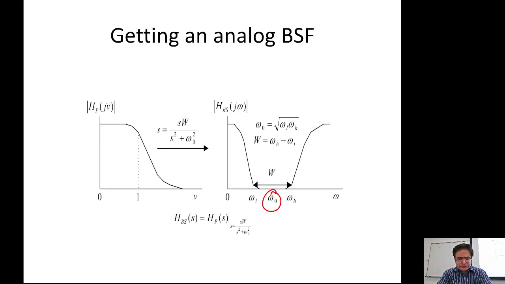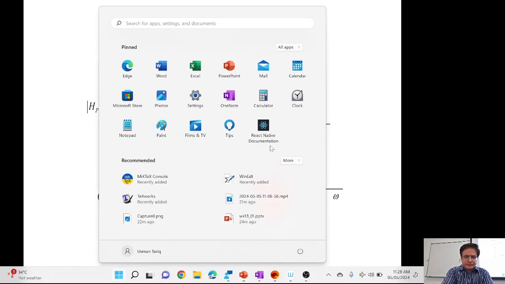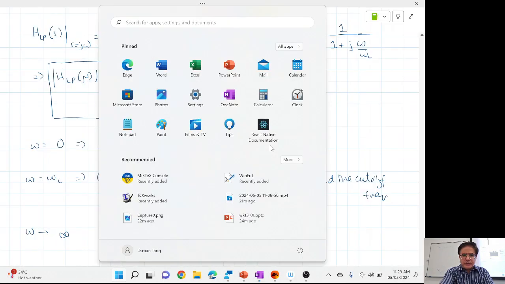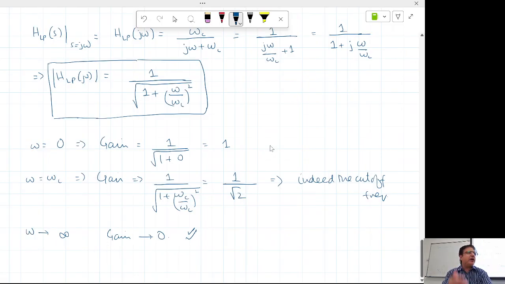Okay, let's do an example to see. Let's suppose we start with a low pass Butterworth filter and we convert it into a high pass filter or a band pass filter of the desired specifications. Questions at this point? All good? Okay, good.